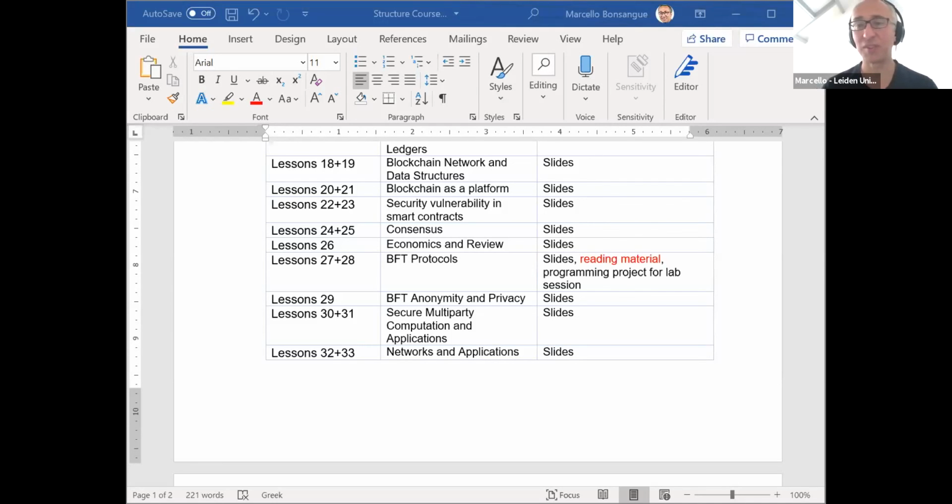So there is nothing for blockchain. There is some documentation on containers, for example on Docker, and some documentation on Kubernetes, but that's all. It's fine.